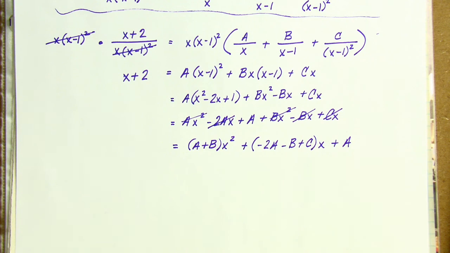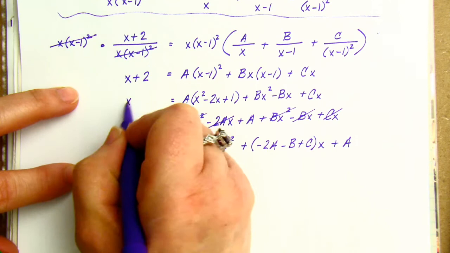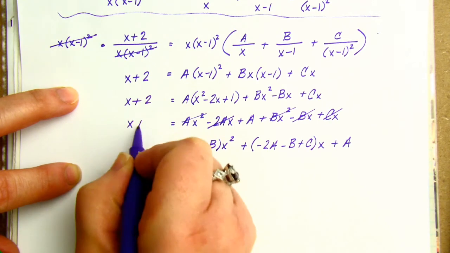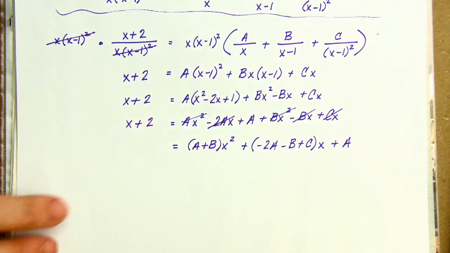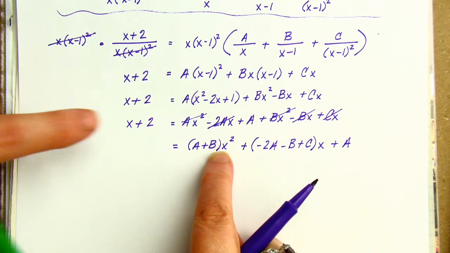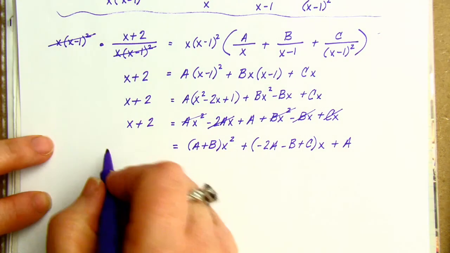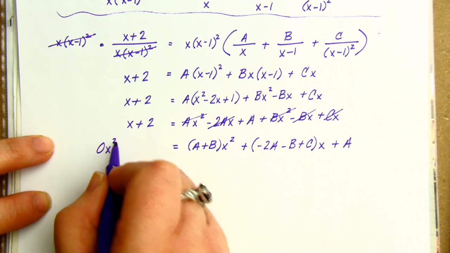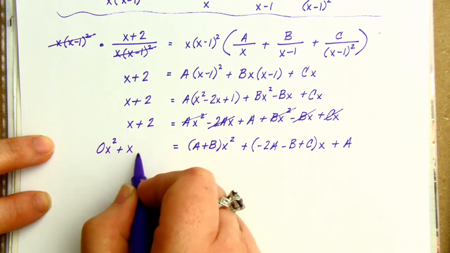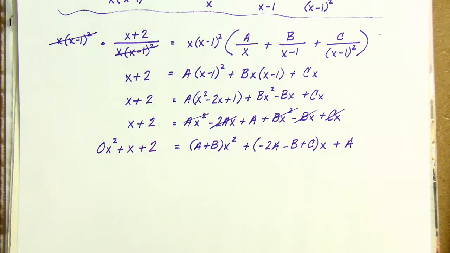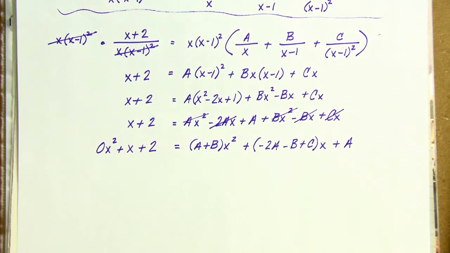Now, at this step, I realized I didn't write my x plus 2 because I was just working on the right side. I have a quadratic term here, and I don't have a quadratic one here. So I need to insert it with a 0 coefficient, because technically I have a trinomial on the right side. Now I'm going to equate by coefficients.